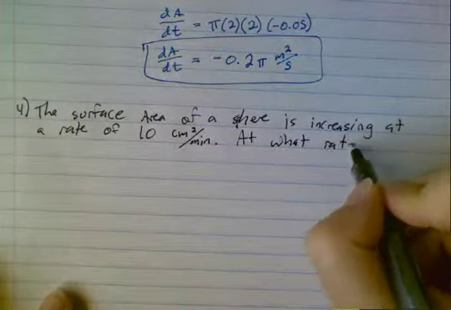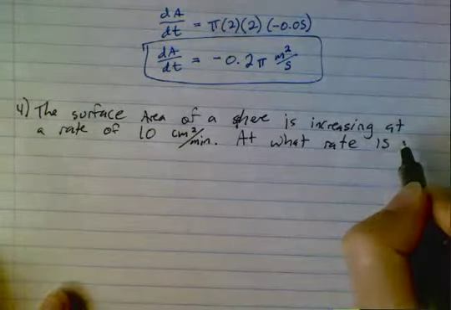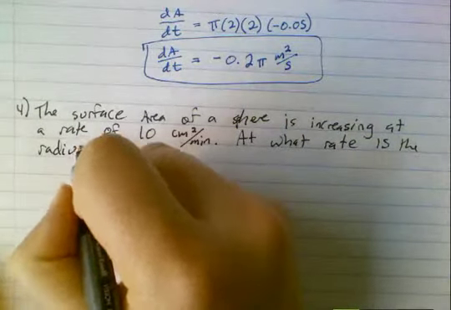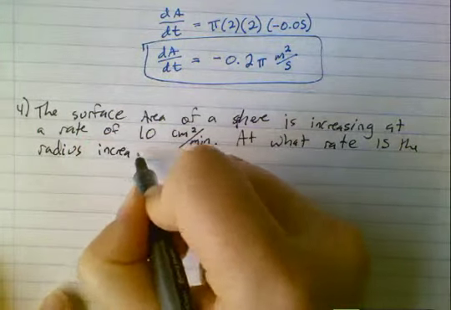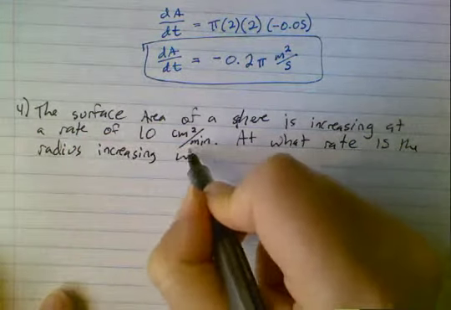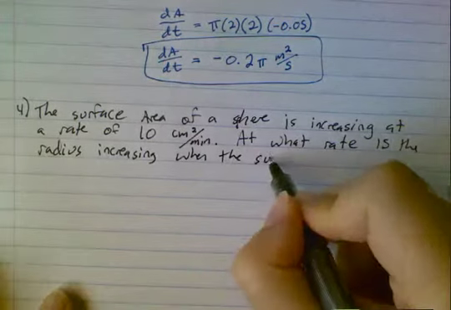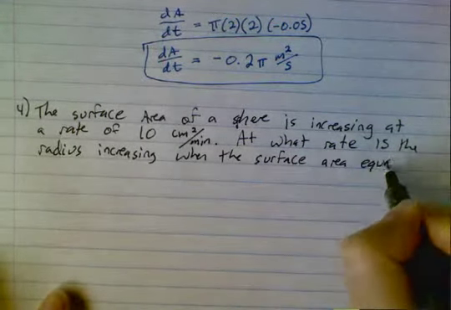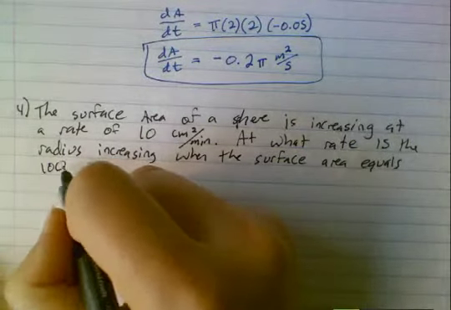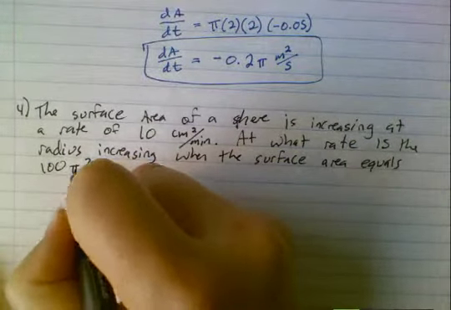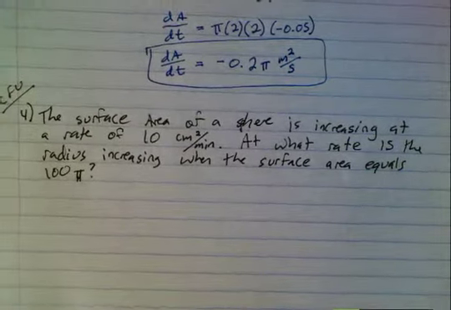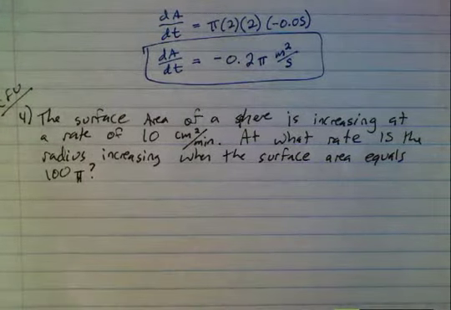At what rate is the radius increasing when the surface area equals 100 pi? Let's go ahead and make that a check for understanding problem. Go ahead and try that one on your own and then restart the video when you're ready. Pause the video now.